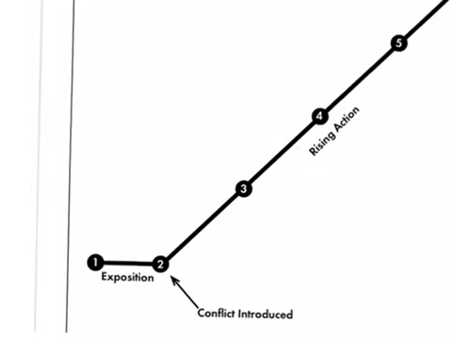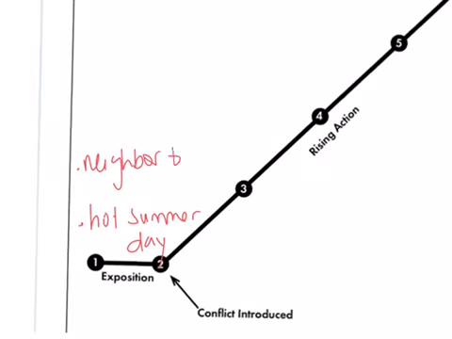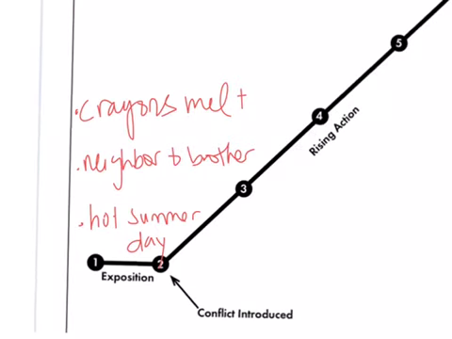From that exposition, we know it's a hot summer day. Our main character is playing with the neighbor and her little brother. Okay? And what happens is her crayons melt on the sidewalk because of the sun.